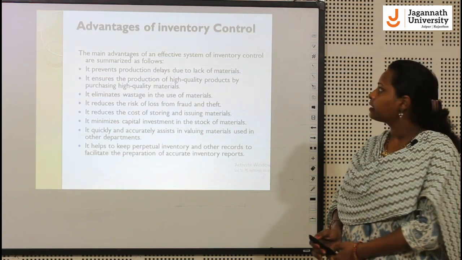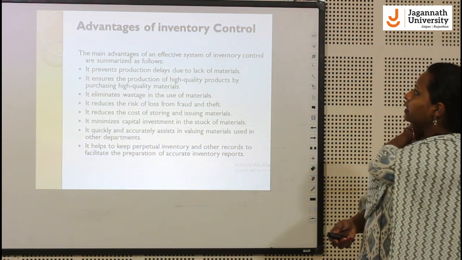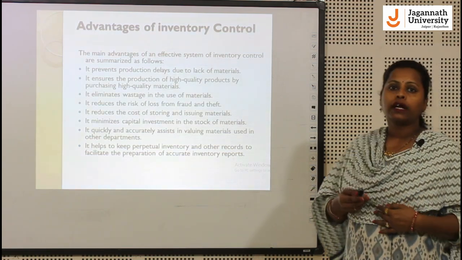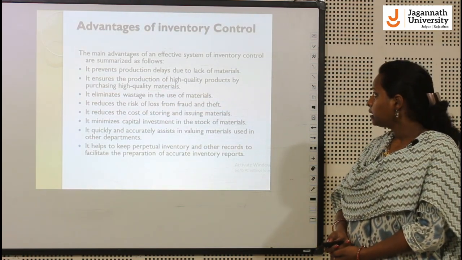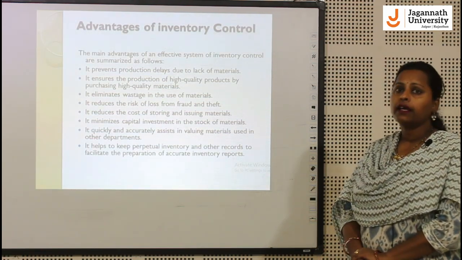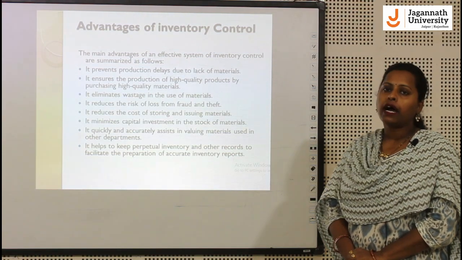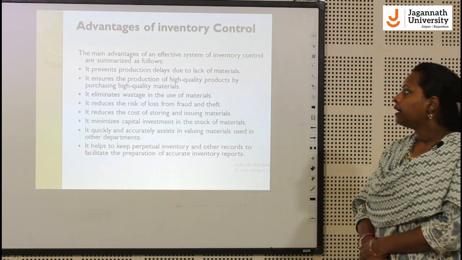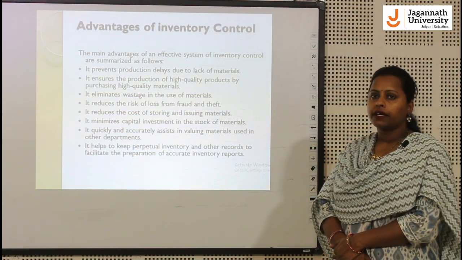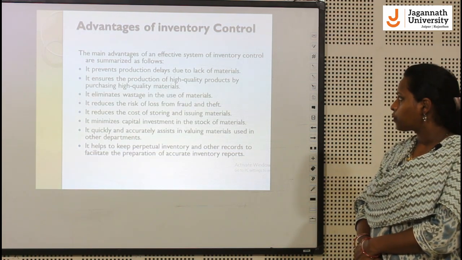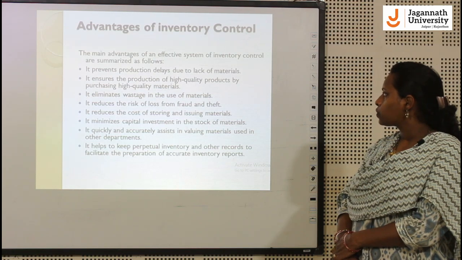So what are the advantages of inventory control? The main advantages of an effective system of inventory control are as follows. It prevents production delays due to the lack of materials. It ensures the production of high quality products by purchasing high quality materials. It eliminates waste in the use of materials. It reduces the risk of loss from fraud and theft. It reduces the cost of storing and issuing materials.